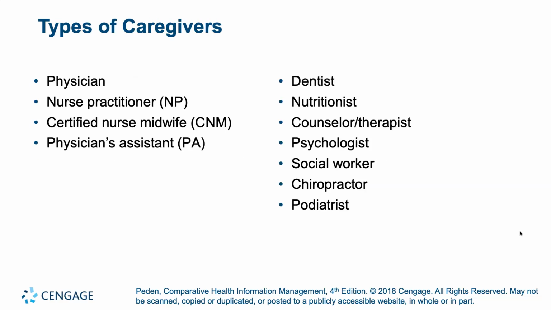The types of caregivers that work in these settings include physicians, nurse practitioners, certified nurse midwives, physician assistants, dentists, nutritionists, counselors or therapists, psychologists, social workers, chiropractors, and podiatrists. These are just the types that would. So for instance, if you have a chiropractor who owns his or her own practice, that would be an example of this freestanding ambulatory care.